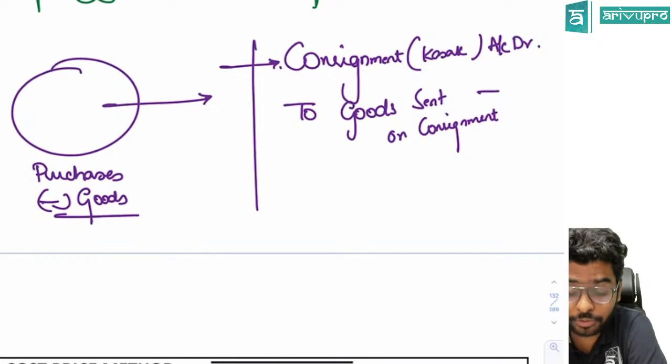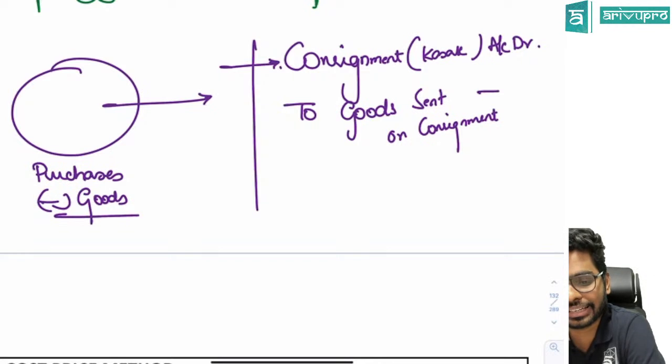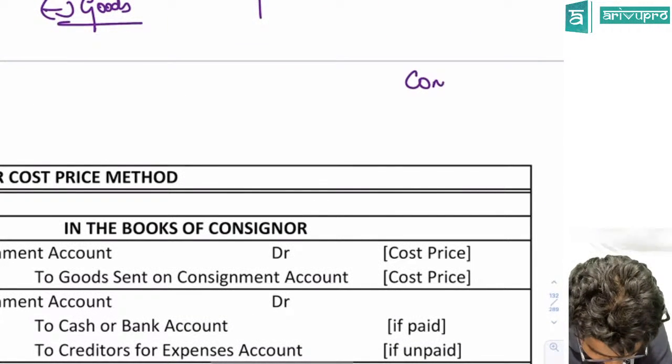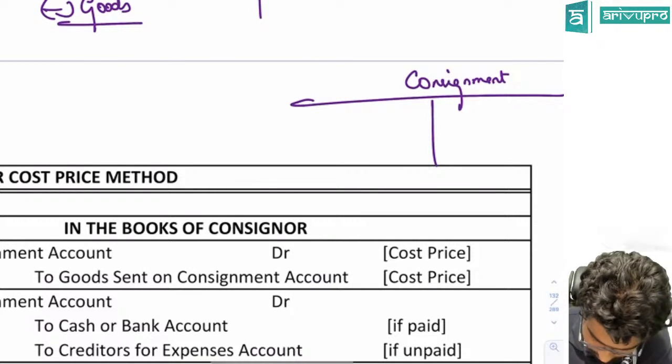Because the goods which I have purchased for the purpose of sale, I am not selling them myself; I shall be selling them through the other party. Are you guys clear?